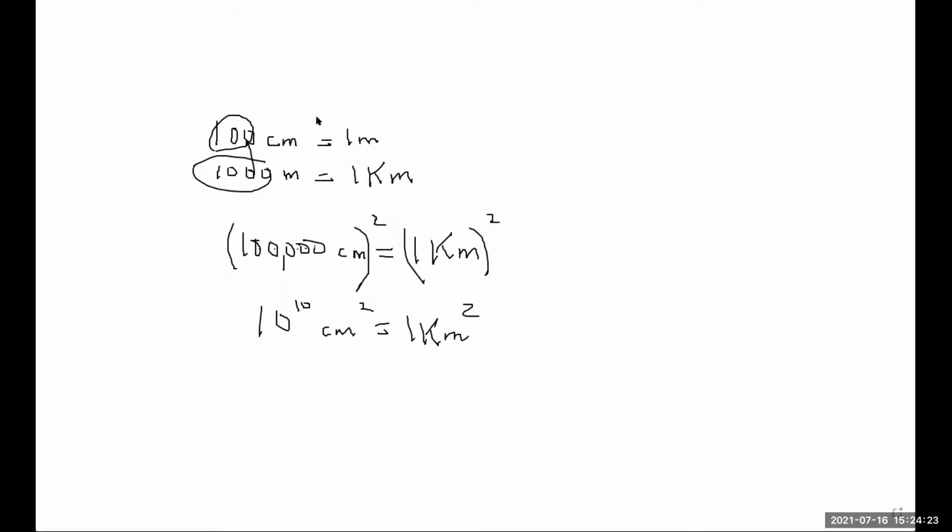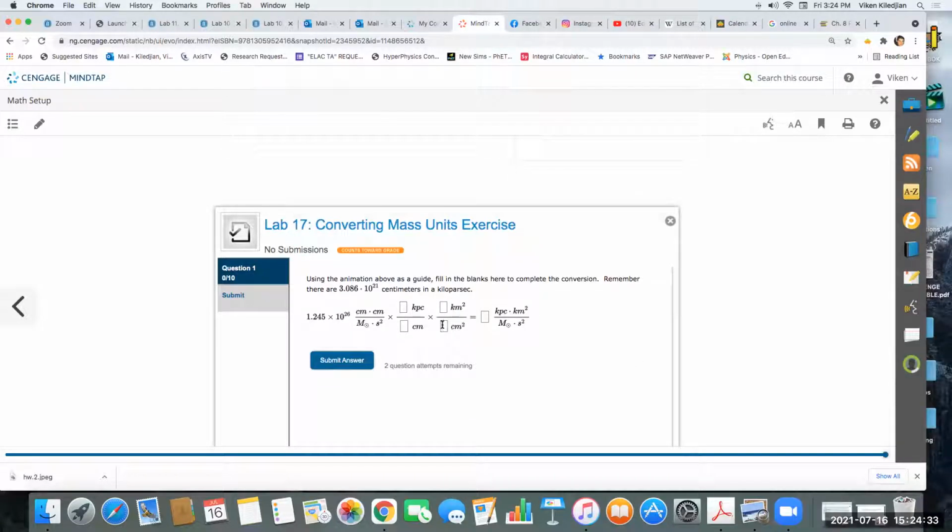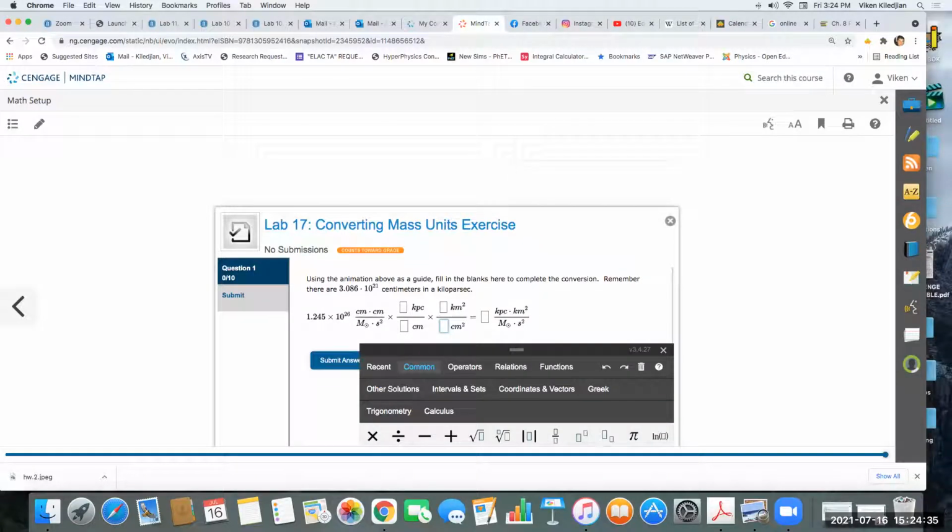So then, let's see here. We should put here 10 to the 10th. Hold on, maybe 1 times e to the power 10.